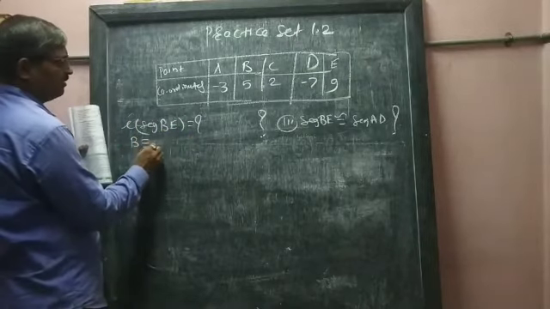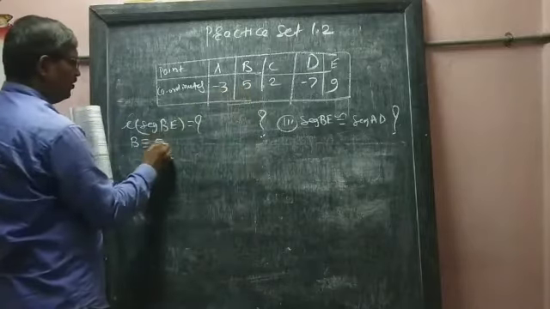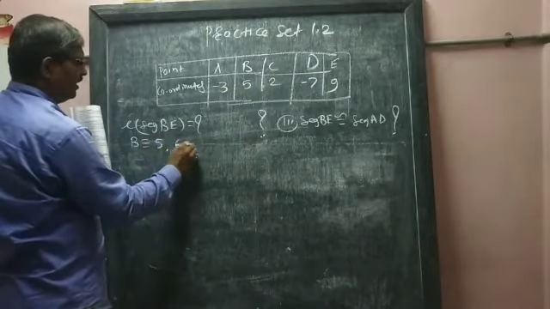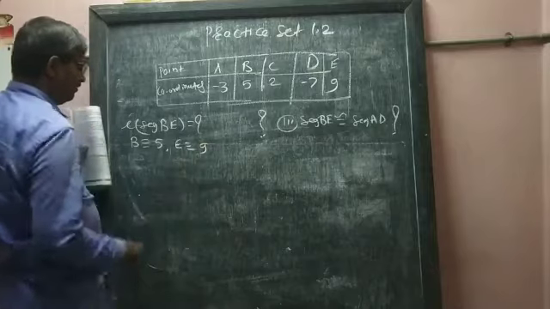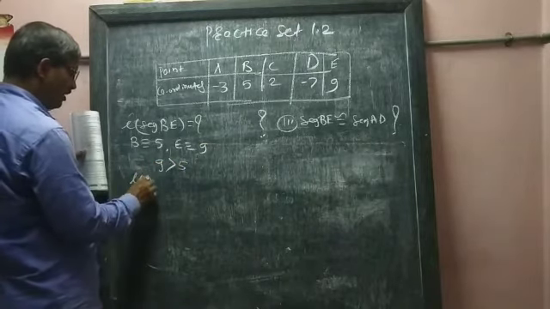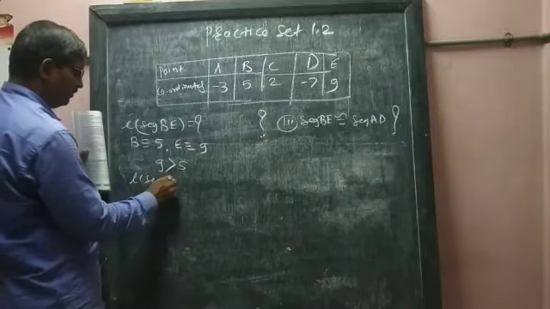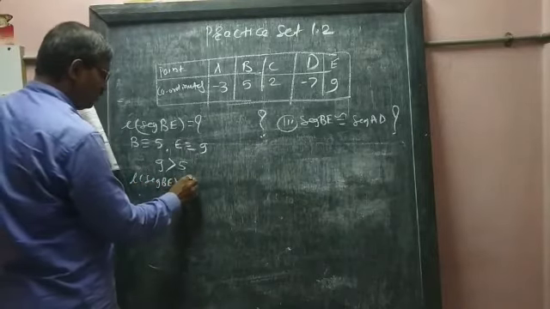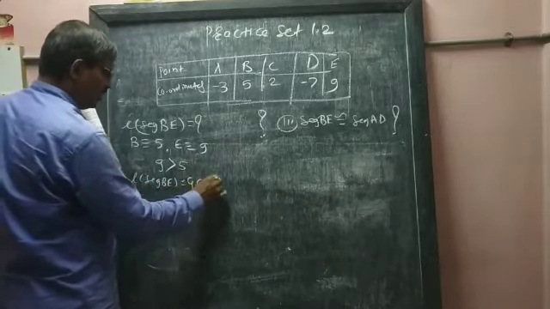Coordinate of B is 5 and coordinate of E is 9. Here 9 is greater. Therefore, length of seg BE is equal to greater coordinate minus smaller coordinate, 9 minus 5 is equal to 4.